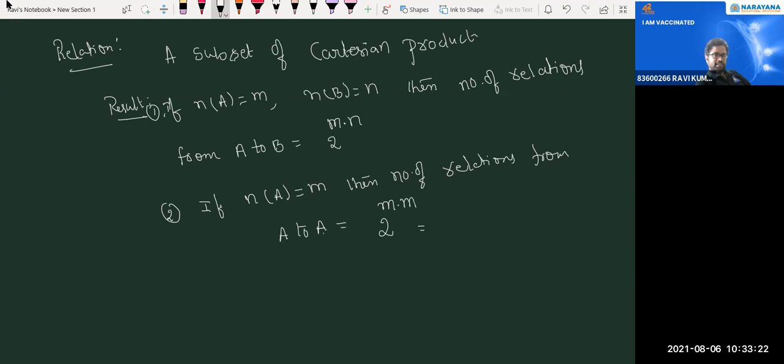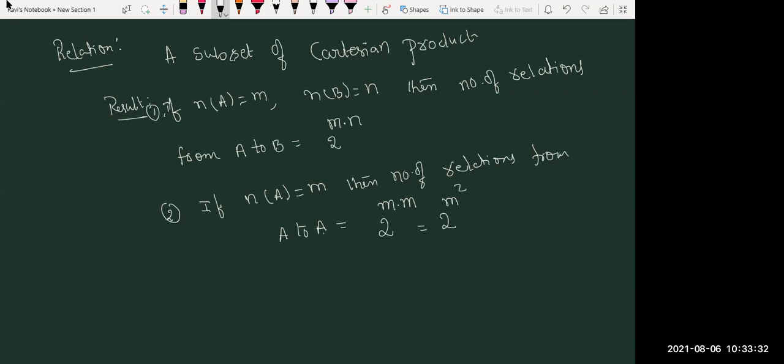Here only one set is there, that's why 2 power m square. This is the answer, 2 power m square. Understand? Yes, sir.